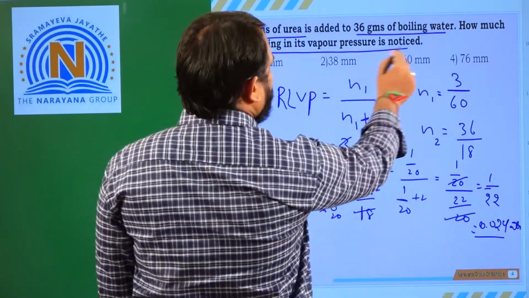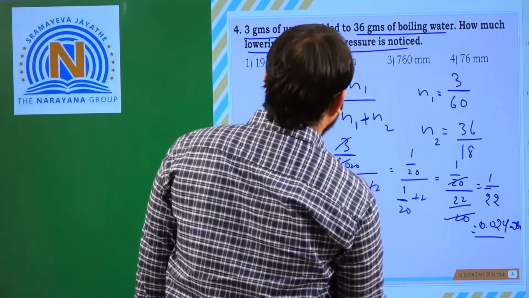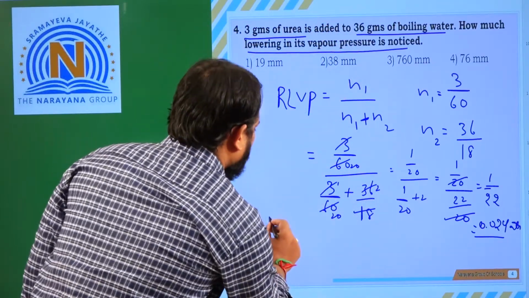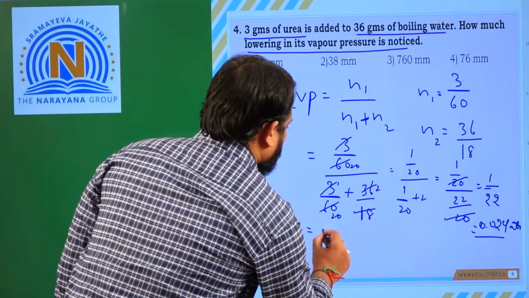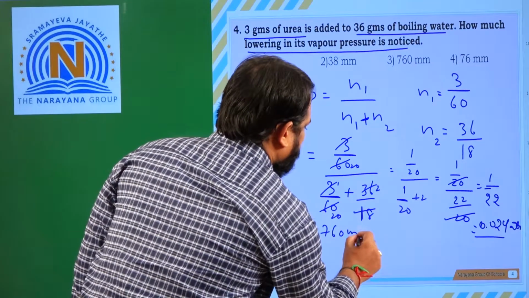0.024 atmosphere, but here the option is given in terms of mm. So 1 atmosphere is equal to 760 mm of Hg.